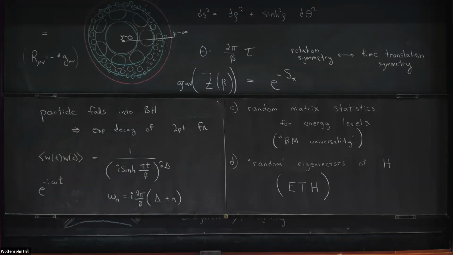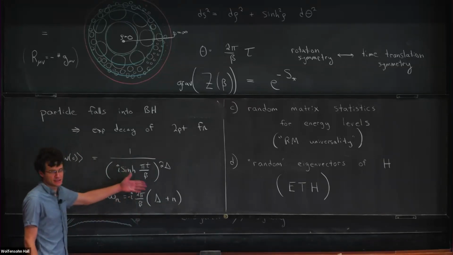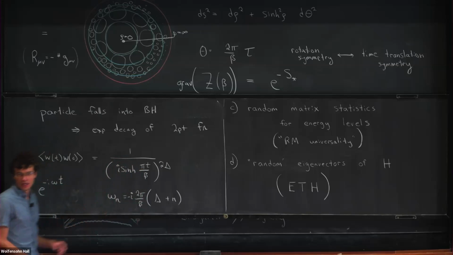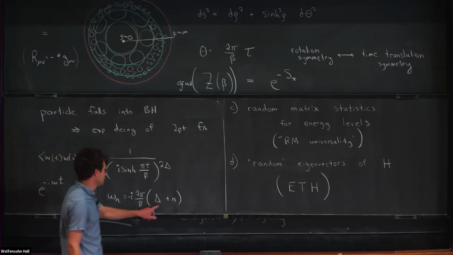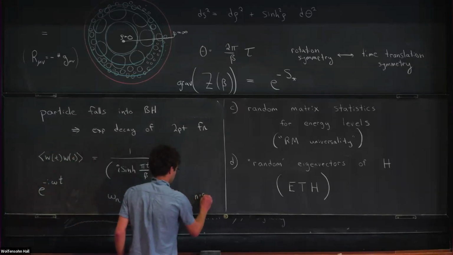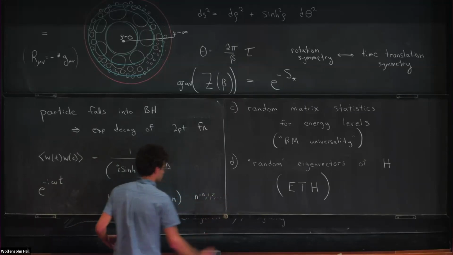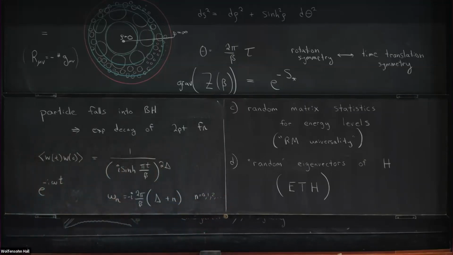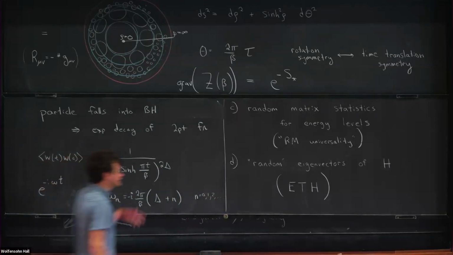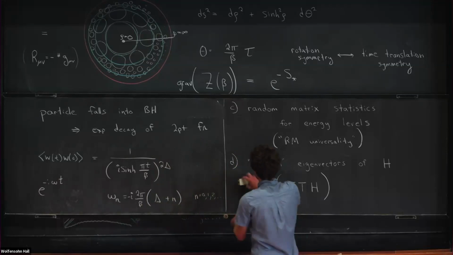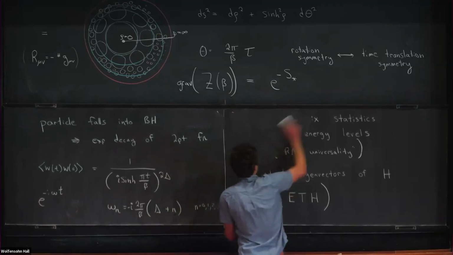So these are the spectrum of different decays that are encoded by this function. And the leading behavior at large time is just the n equals 0 mode, which decays like e to the minus 2 pi t over beta times delta. Okay, so this example is very easy for this hyperbolic space because you can actually write down the function.